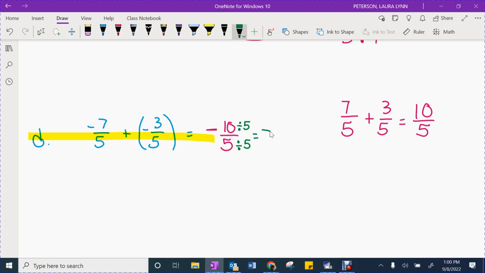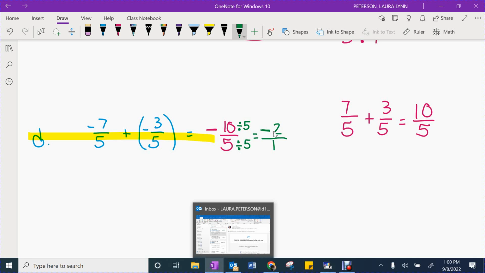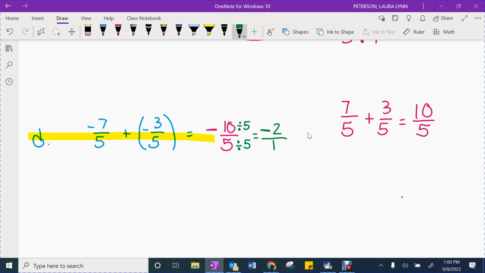I'm going to carry along my negative. 10 divided by 5 is 2. 5 divided by 5 is 1. Anytime you have a fraction with a denominator, so the bottom, of a 1, that just makes this a whole number. So this is actually negative 2 as your final answer.